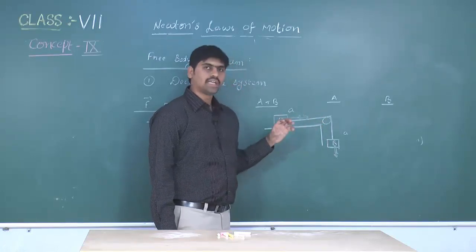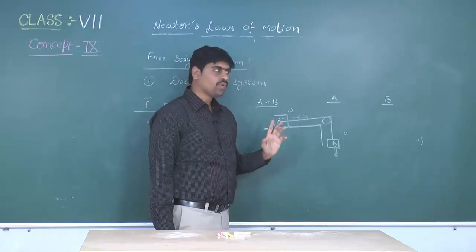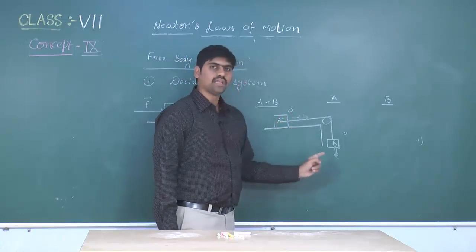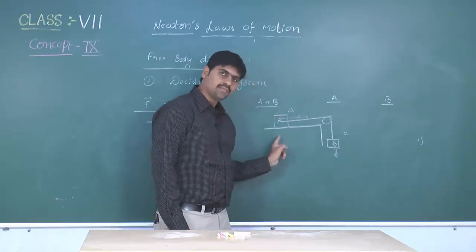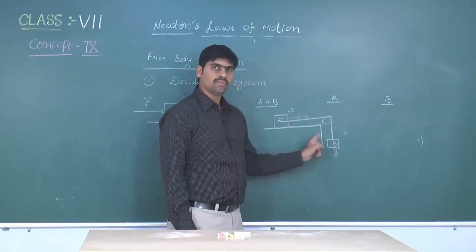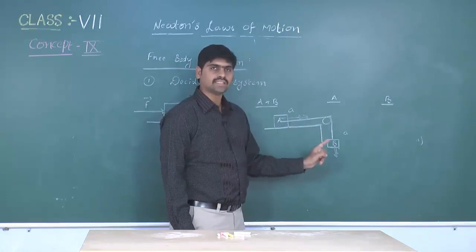So their directions are different. We don't take A plus B together as a system. You have the right to take A as a system or B as a system, but you don't take A plus B as a system.